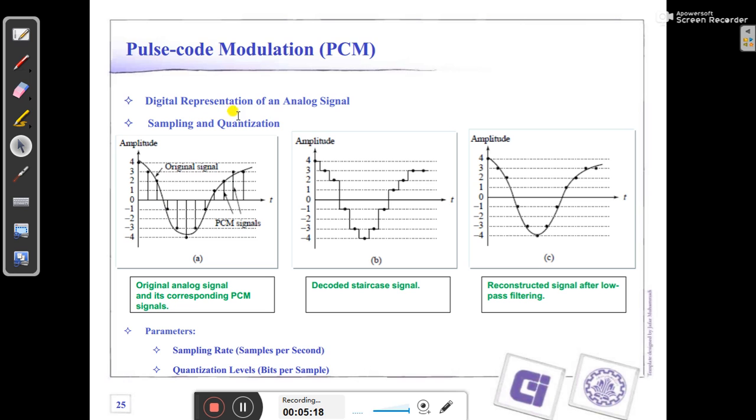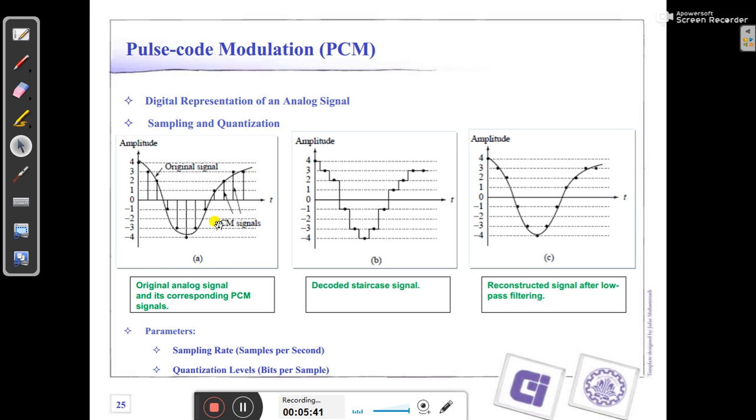This is the digital representation of an analog signal. Sampling and quantization we already know. This is the analog signal. We sample it, then we code it according to the levels of amplitude, giving a decoded staircase signal and the reconstructed signal after low pass filtering.